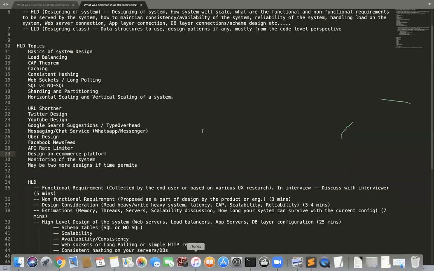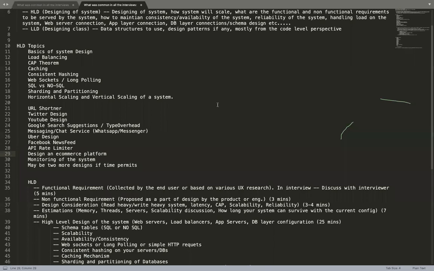Prakhar, will you also discuss any design solution for security or authentication things? Yeah, you're talking about authentication, authorization, all those things. Yes, it will be covered.